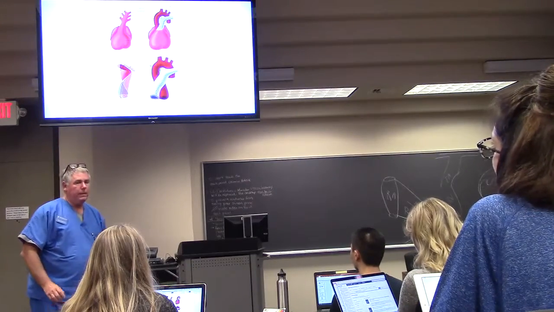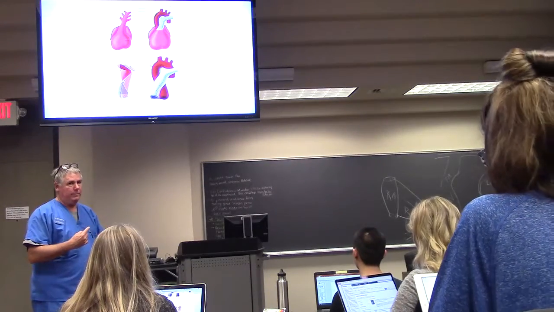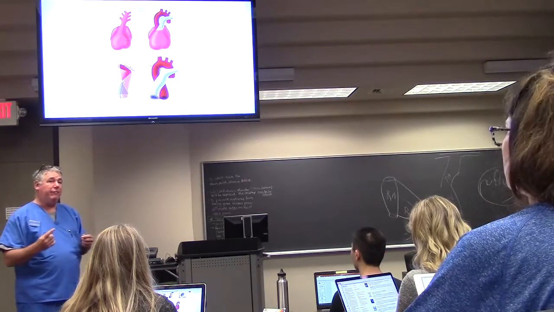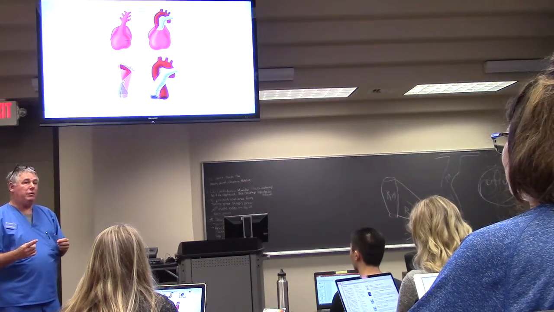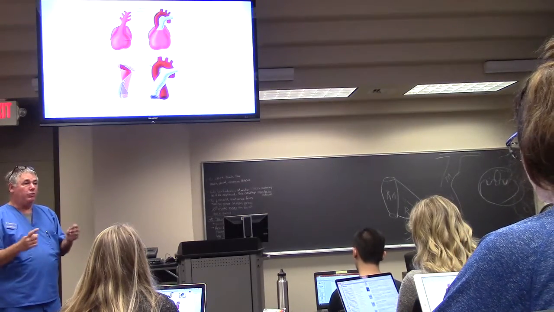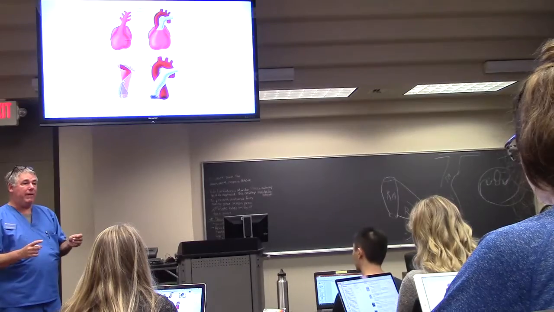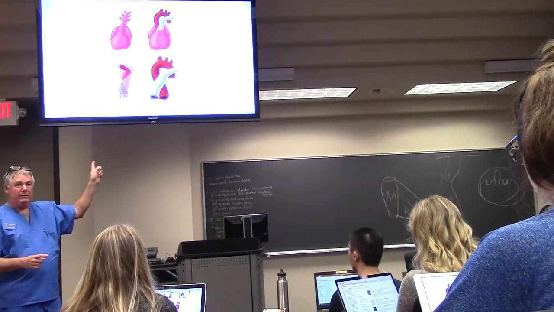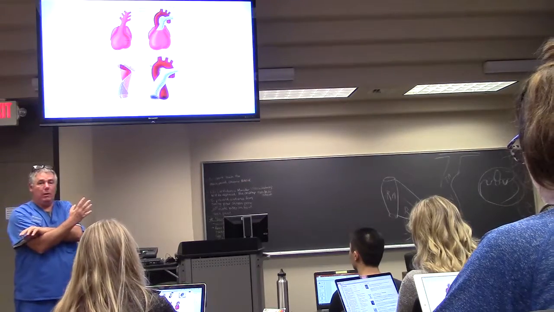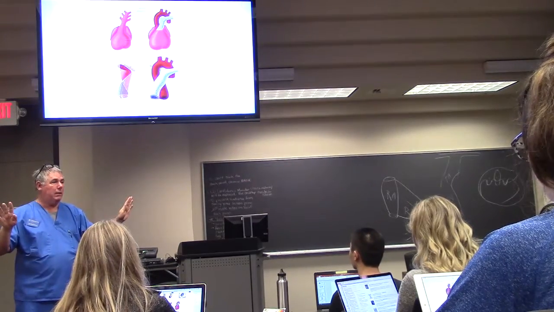Now, this is pretty complicated too, right? You know about things like tetralogy of Fallot, transposition of the great vessels. Those things are congenital defects on this system. They didn't spiral, they didn't separate.